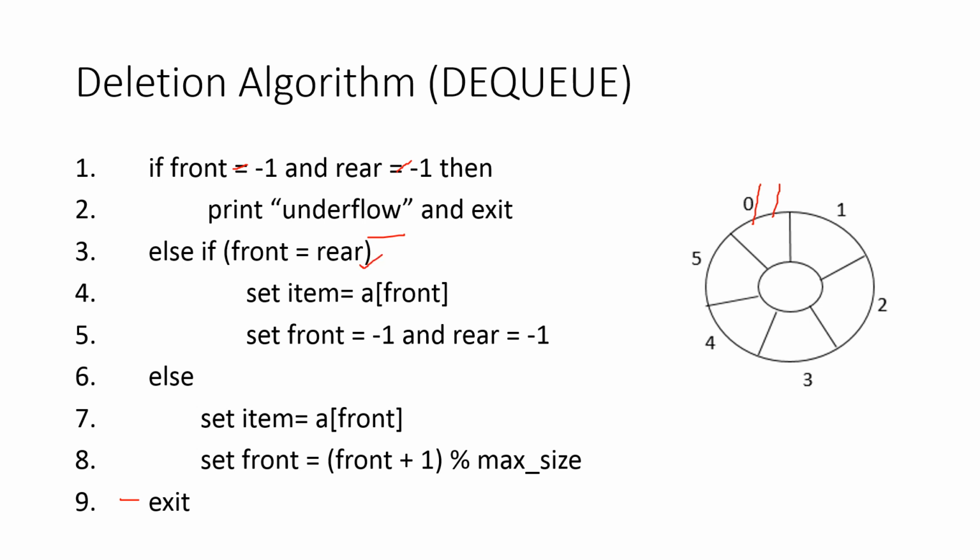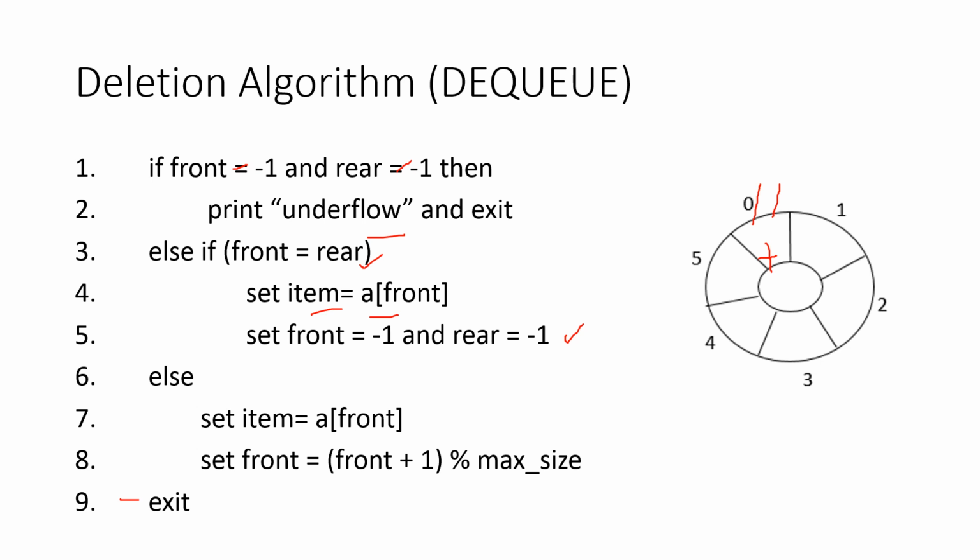If front is equal to rear, then the element in that particular location, A of front, is stored into item, and then the item is deleted and front will be reset. That is, we have to show that it is empty. So the empty situation is front is equal to rear is equal to -1.